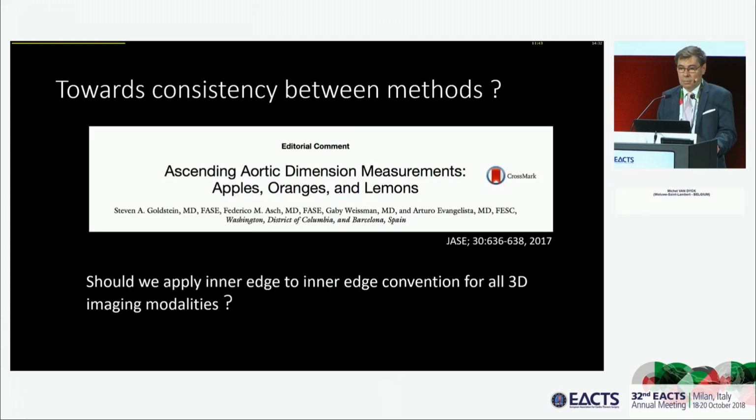So there is some controversy now appearing in the literature asking for one way of measuring the aortic root, and because 3D echo has about the same spatial resolution as MRI and scan, maybe we should use inner edge to inner edge measurements, but this is still a controversial topic for the moment.